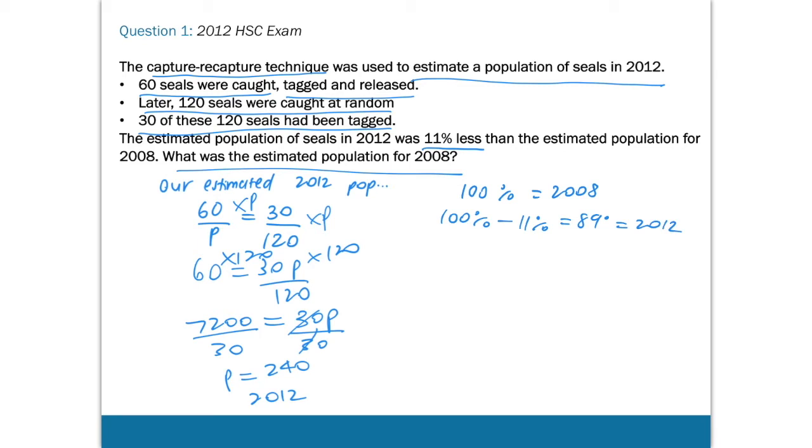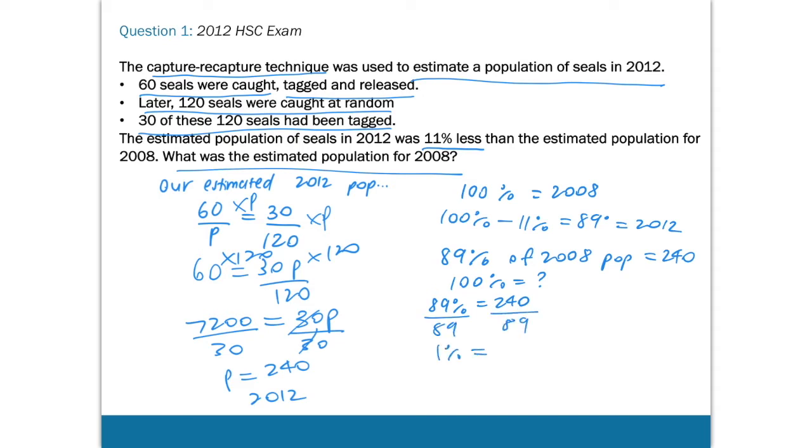So basically, 89% of 2008's population was equal to 2012's population, which was 240. Okay, so now we need to work out what 100% was, or is. So, to do that, we can use the unitary method. So 89% equals 240, divide both sides by 89.